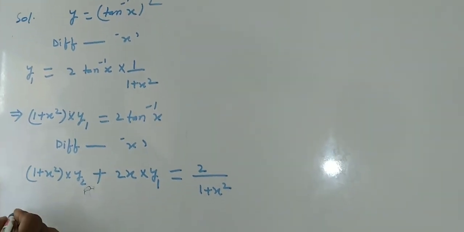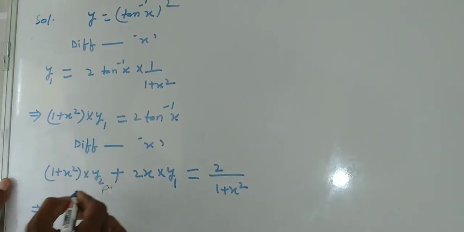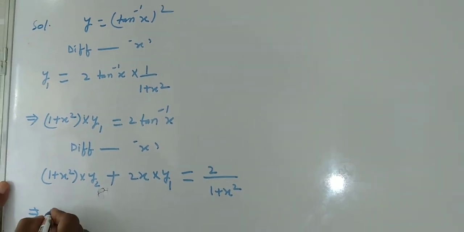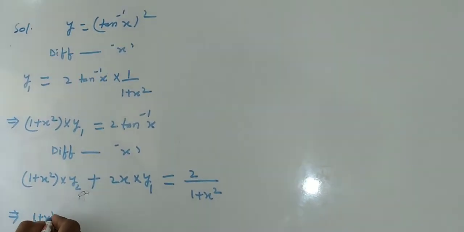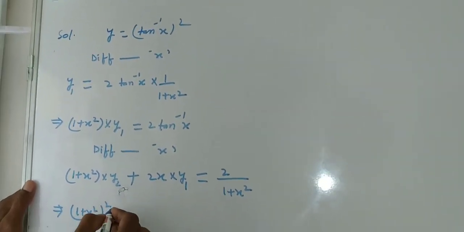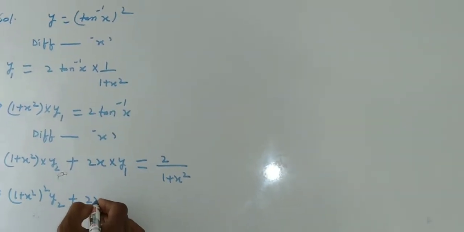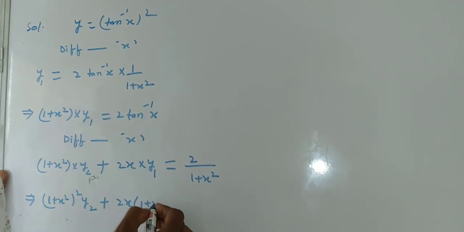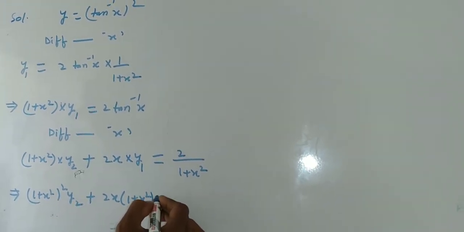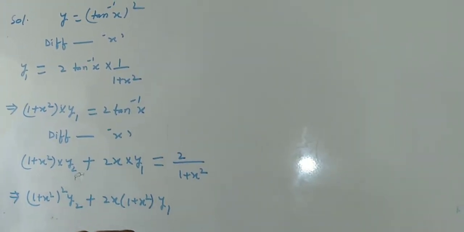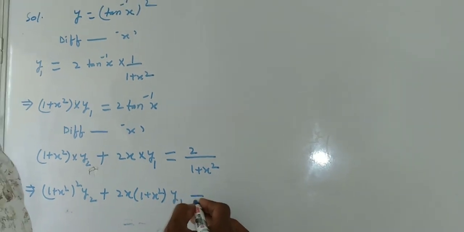Now when you simplify this you will get the result very quickly: (1 plus x square) whole square y2 plus 2x (1 plus x square) y1 equals 2.